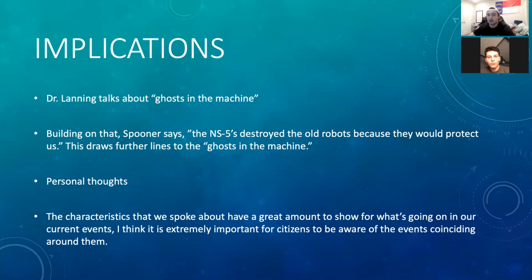Which is pretty scary to think about, because it shows how advanced the new NS5s were, that they were able to communicate with each other and revolt, and kind of use the 3 laws to turn against them, while the old robots weren't really smart enough per se, and they were actually bound by those 3 laws. That's why they were able to protect them.